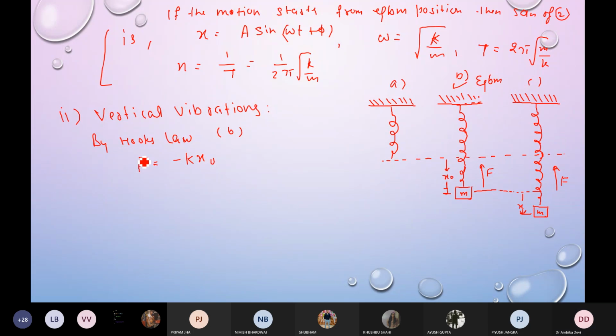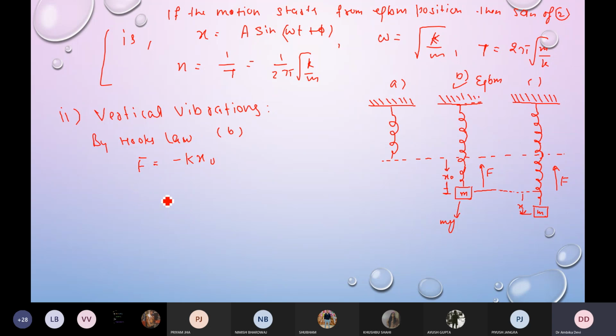And now the other force acting on the mass is its weight, because the acceleration due to gravity is also effective over here. Due to the mass of the system, the weight will also be there, acting downwards. So mg will also be acting over the system.